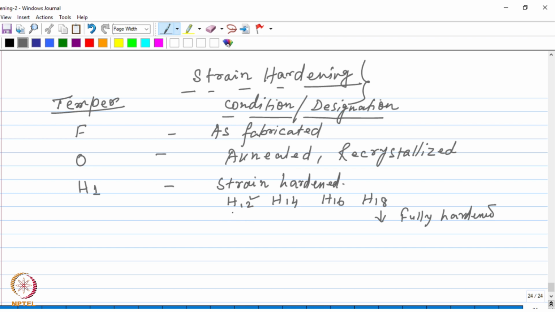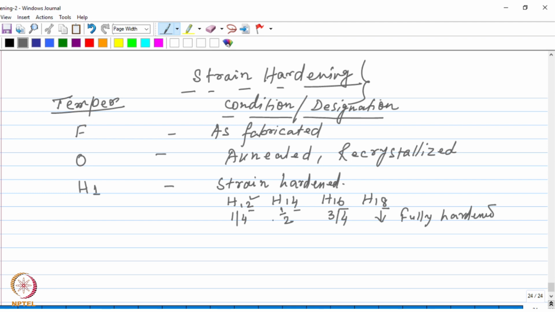So this is 1/4 hardened. Similarly, this is half hardened, or 1/2, and this is 3/4 hardened. Right, so this is how, with the help of the second digit over here, you can identify the level or the degree of deformation which is given to the material.